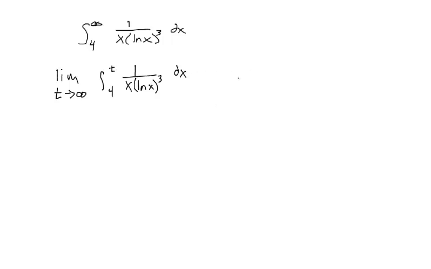And now we're going to do our u substitution. So u is equal to ln of x, du is equal to 1 over x dx. So now we can do our substitution. So we have the limit as t goes to infinity of the integral from, now when we put 4 in for x, we get ln of 4.